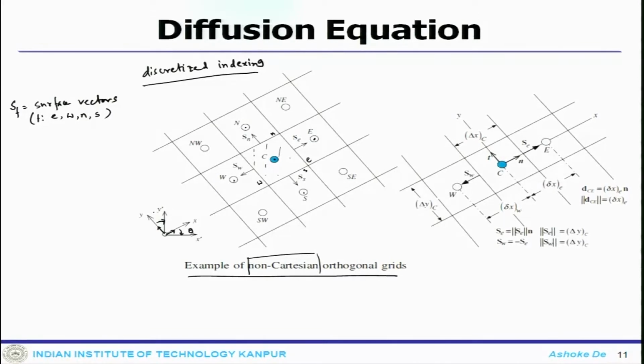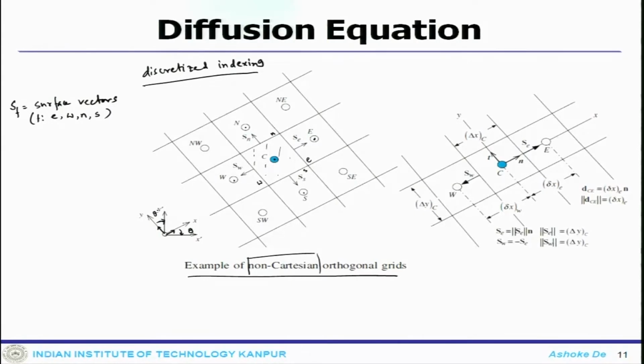So that is why it is a non-Cartesian system, but it still remains in the orthogonal mode, and that allows us to calculate the fluxes and all these things in a simpler fashion, like what we have done for our Cartesian orthogonal system.